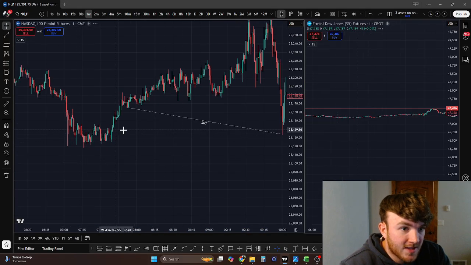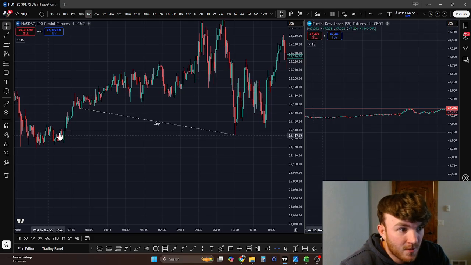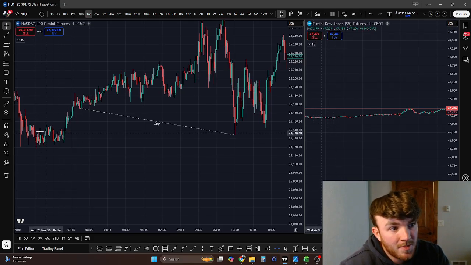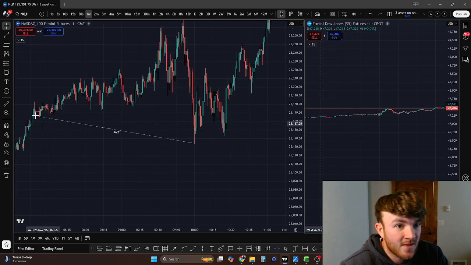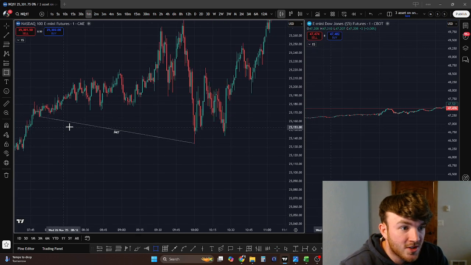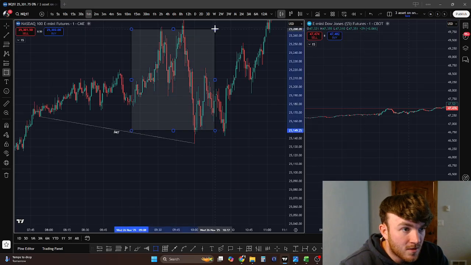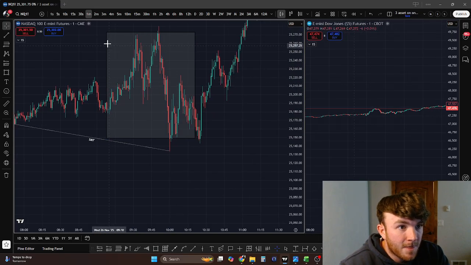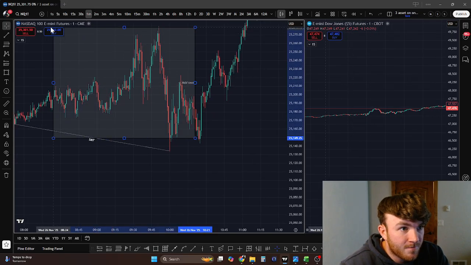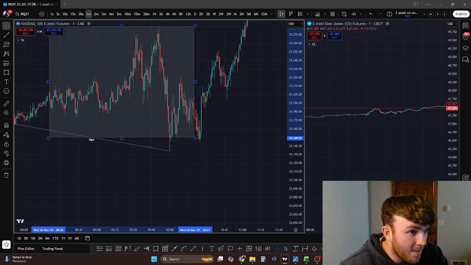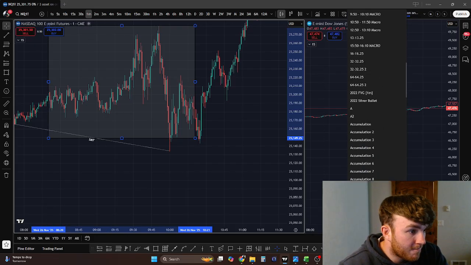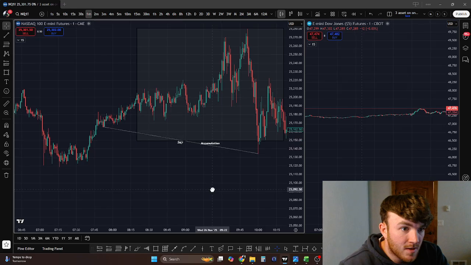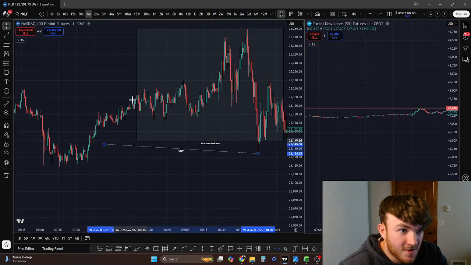And then we take this consolidation, so we sweep out, well, there's no obvious swing low, but I can tell that we take the stop losses of that consolidation. So we have SMT with this low. This is just a giant range. So accumulation. SMT with that low.